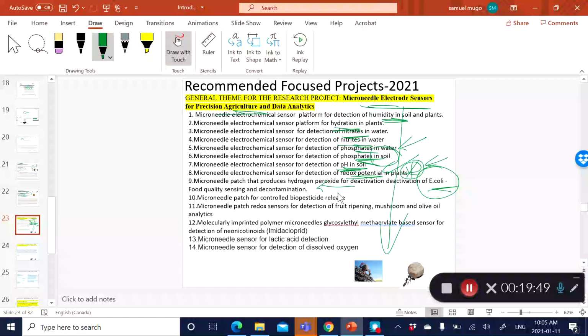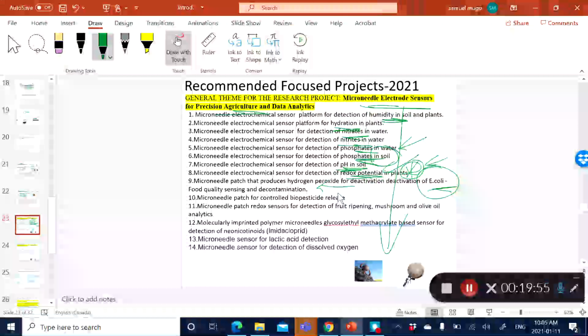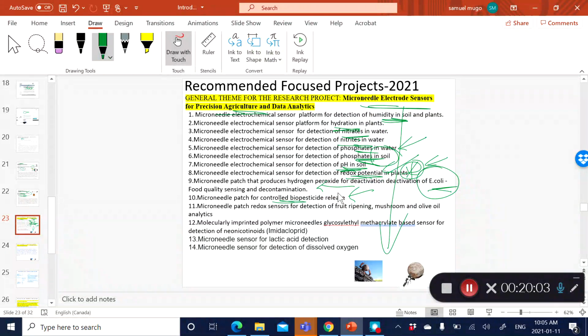Somebody can work on a platform that generates a disinfectant, and the disinfectant can deactivate the pathogen and so forth.